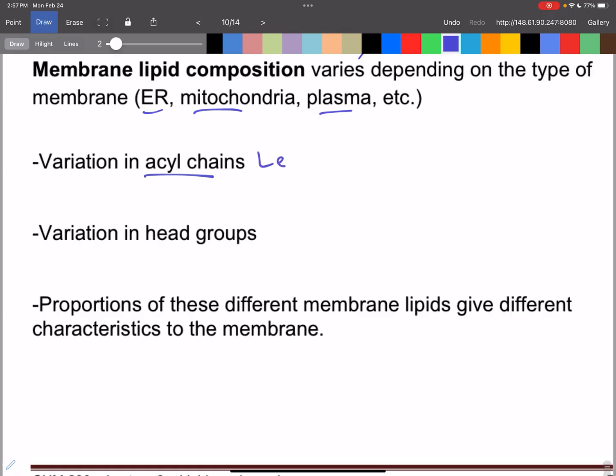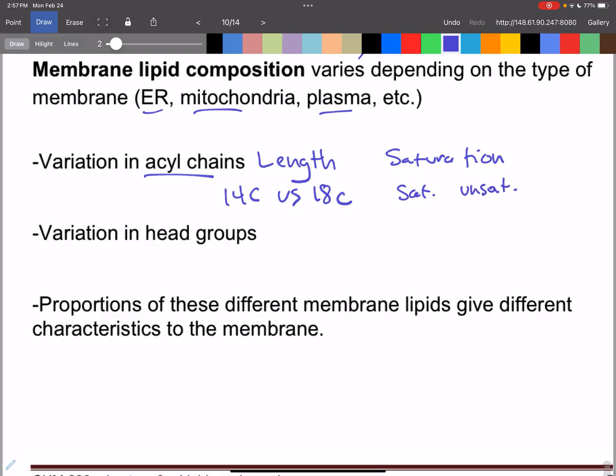We could change the length of those. So we could have 14 carbons versus 18 carbons, right? We could also change the saturation of those. So you could have a saturated carbon chain, so a saturated fatty acid, or you could have unsaturated.